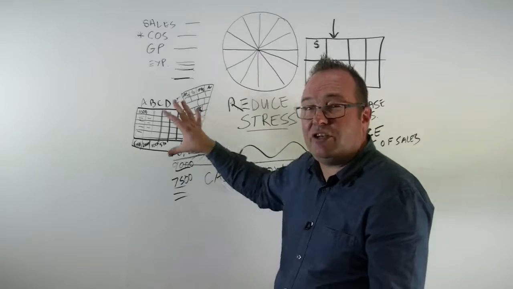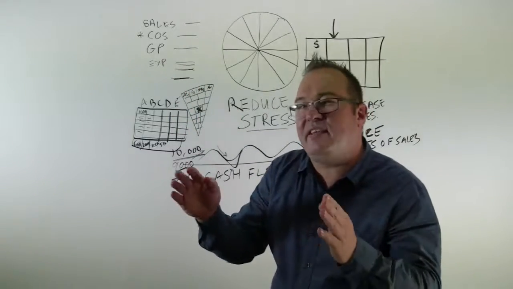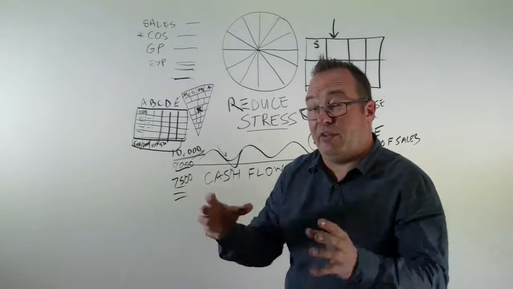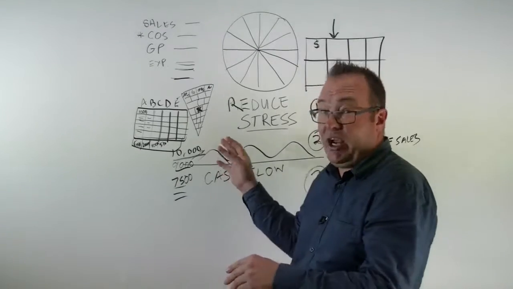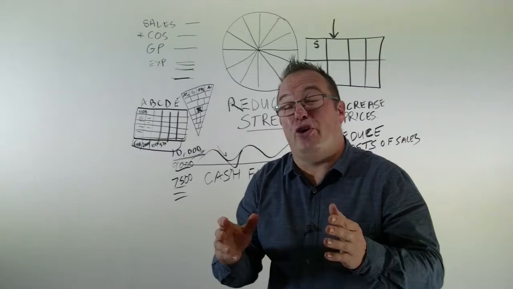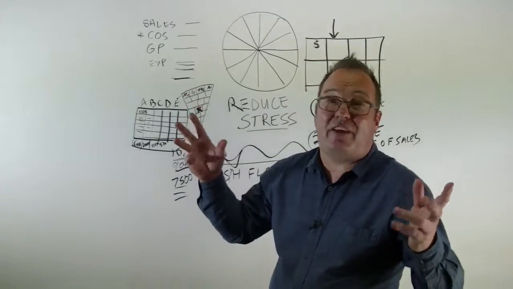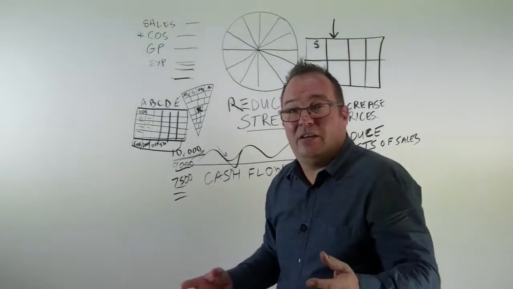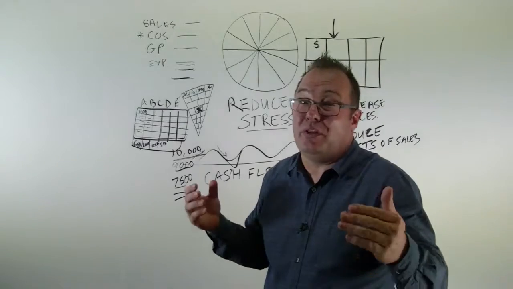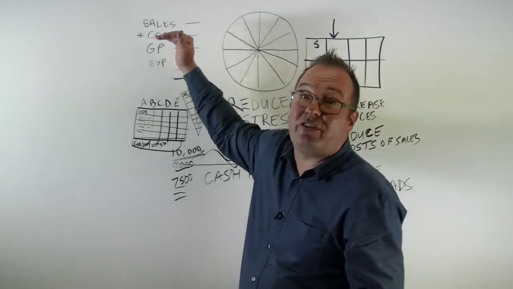Now, from when I started using and developing tenXcel, in about 20 months, I had reduced my cost of sales by 13%, through some of the negotiation tactics that I'm going to share with you inside the system. So that was something like $6,500 after tax that just went straight in my pocket. Now, I bet you could do with several thousand dollars more a month in your pocket, and that was just from cost of sales.